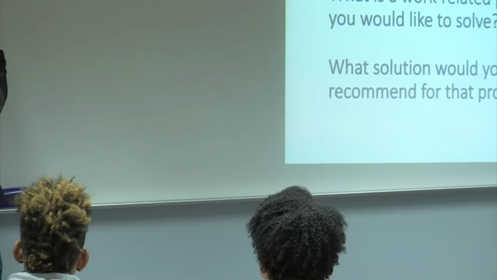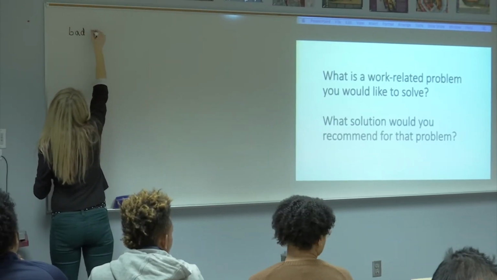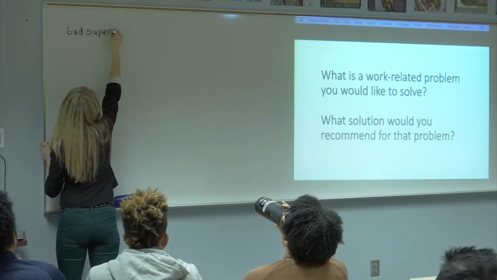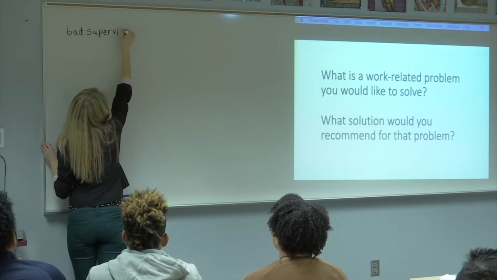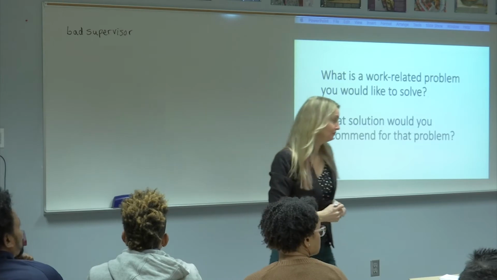Okay, I'm going to make a list. Always. And can you explain a bad supervisor? What does a bad supervisor do? What do you think is a bad supervisor? Sometimes you work, you just do your job nice, but always just talking about you don't do anything. Always angry, maybe always criticizing.